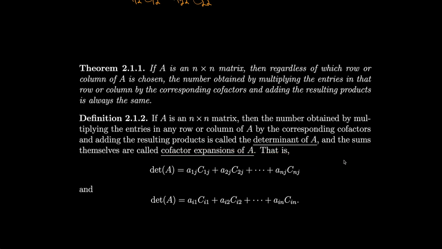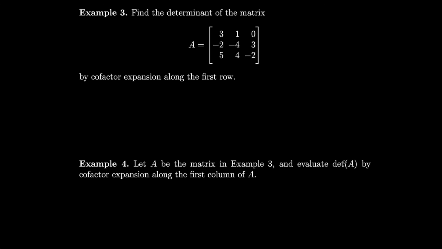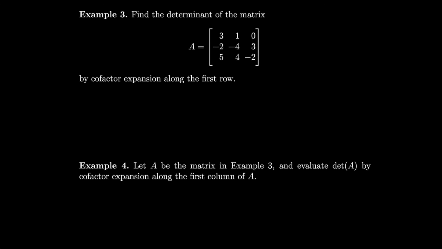How about we do an example? Find the determinant of the matrix given over here by cofactor expansion along the first row. So what we'll do is we'll write out the determinant of A as the determinant of 3, 1, 0, minus 2, minus 4, 3, 5, 4, minus 2 in terms of the cofactors along the first row.